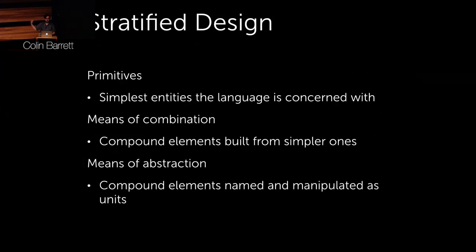And being able to isolate out a set of code that may take other elements as input, may even take other functions, other abstract units that are parameterized as input, and those are higher order functions. So really, the means of combination is about building trees, and the means of abstraction is about being able to separate out parts of those trees into things we can refer to with a name, that are potentially parameterized by other elements. So we can build up these combinators.